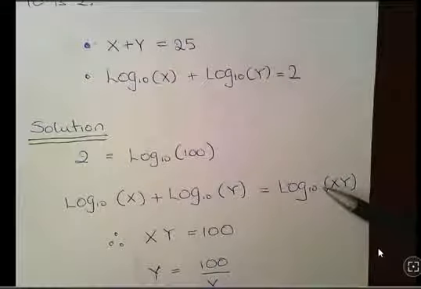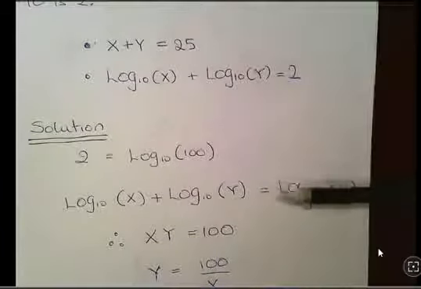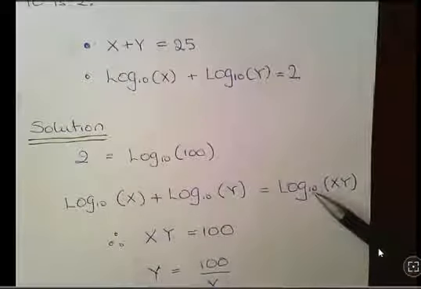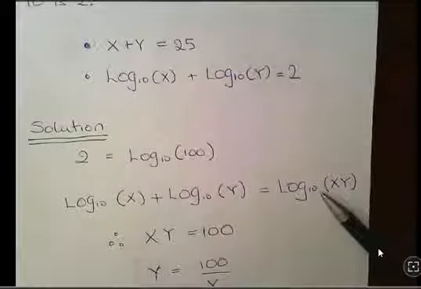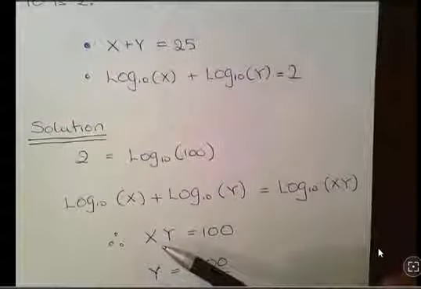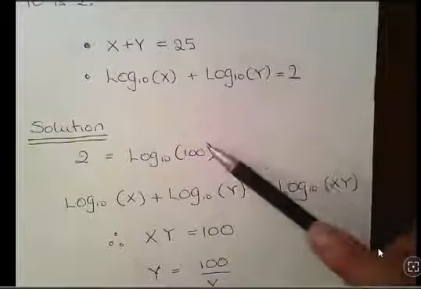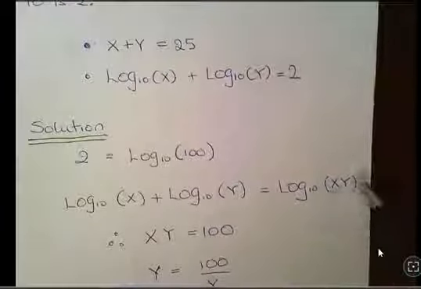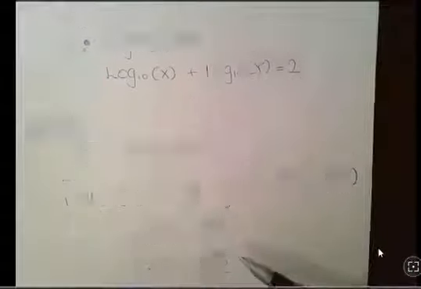We have log to the base 10 of x plus log to the base 10 of y, and that is equal to log of x times y to the base 10. So log to the base 10 of x times y is equal to log to the base 10 of 100. So we have x times y is equal to 100.